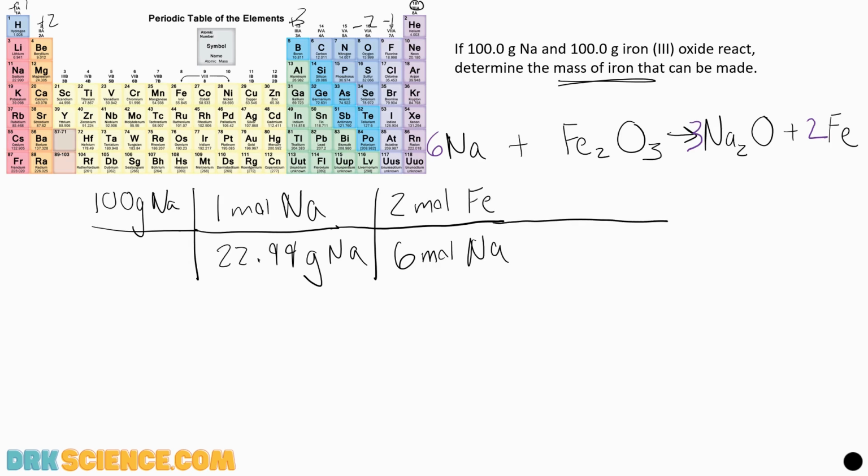Right now we're in moles of iron. We need to do one more step. We need to get this into grams of iron. And we're going to use from the periodic table 55.845 grams of iron over 1 mole of iron.